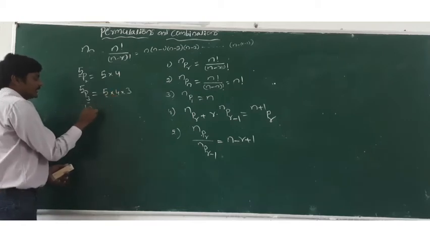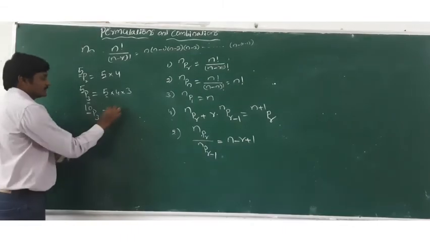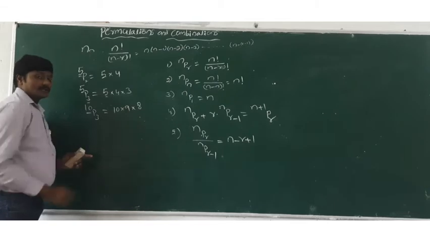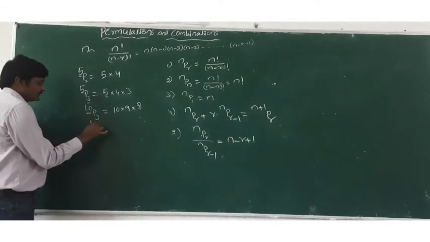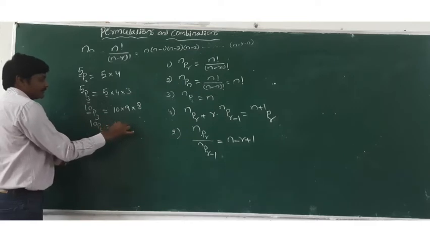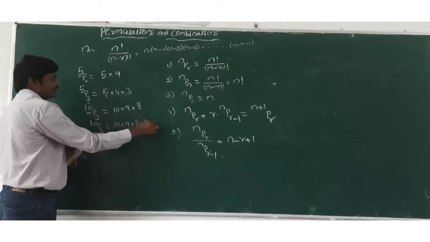In the case of 10P3, starting with 10, write down the three consecutive decreasing terms: 10, 9, 8. In the case of 10P5, starting with 10, write down five terms: 10, 9, 8, 7, 6.